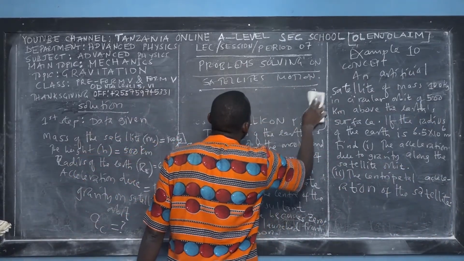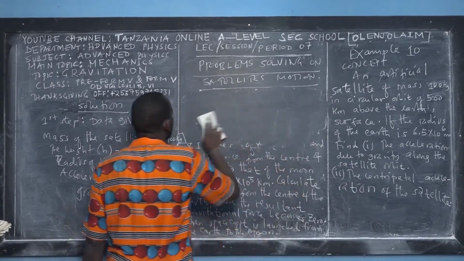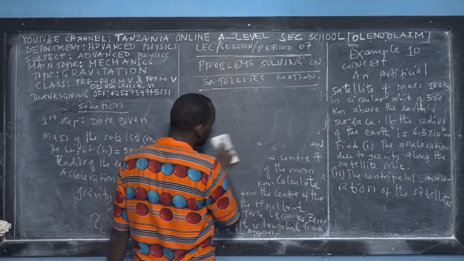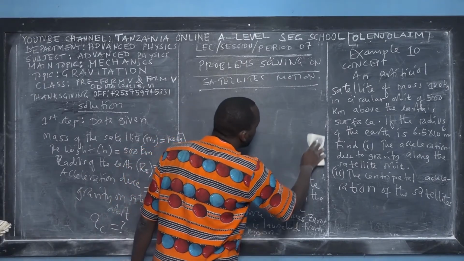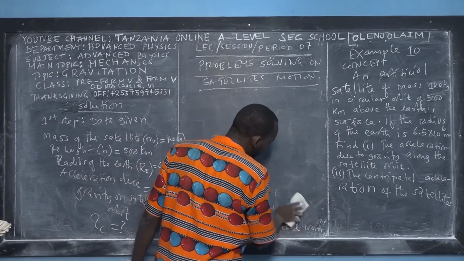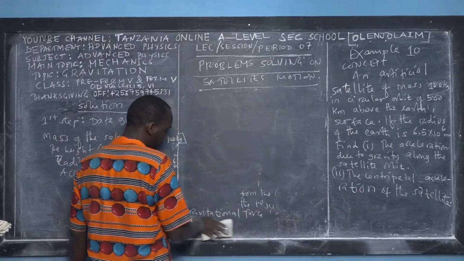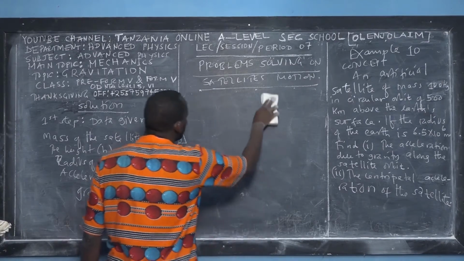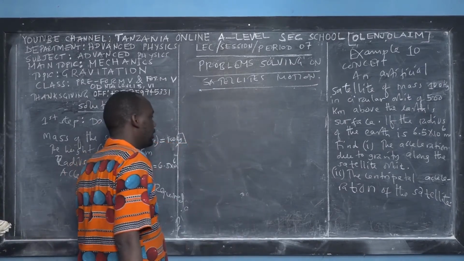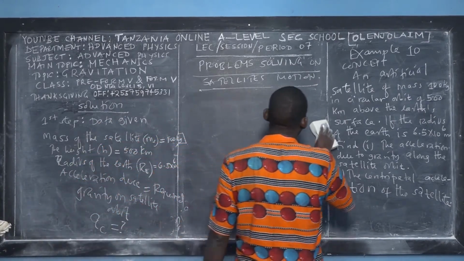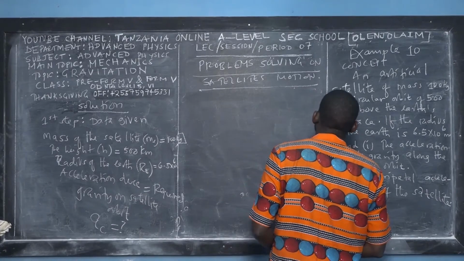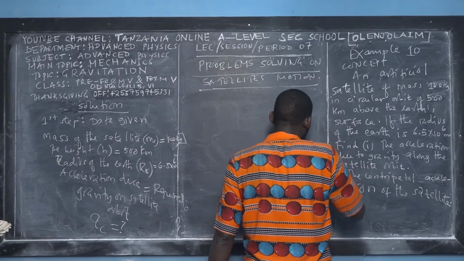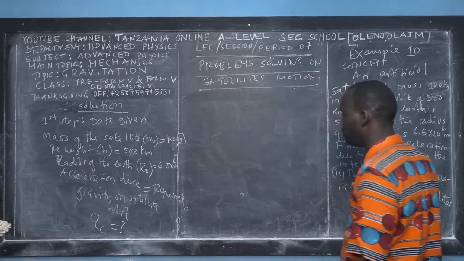In case you find some difficulties solving it, please don't hesitate to share your comments in the comment section of this video. Then some other students might come with a correct response, or even myself as your teacher. Thank you very much for giving me an opportunity to be a teacher of advanced physics.